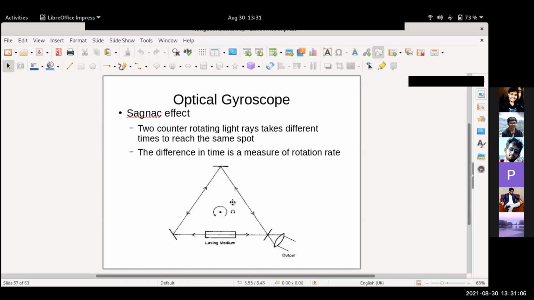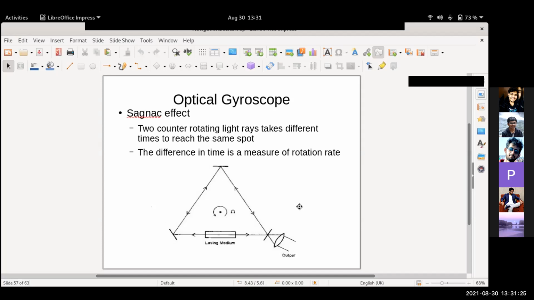Along the direction of rotation, the light takes a longer amount of time because the output piece from which the input was taken would have moved to a newer location. So the light rays reaching the destination have two different paths.